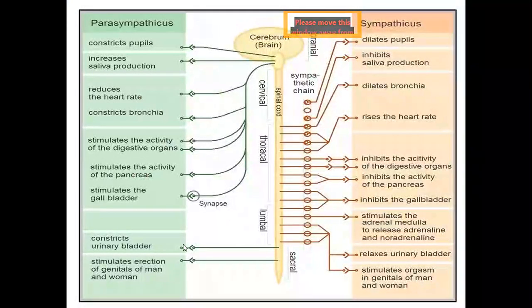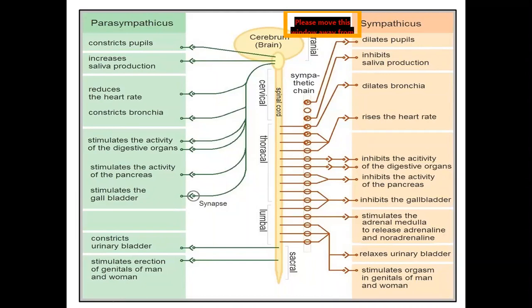Next is our autonomous nervous system, that is parasympathetic and sympathetic. Don't go with the names like parasympathicus and sympathicus, dear students, the meaning is the same. Sympathetic and parasympathetic are the parts of the autonomous nervous system.